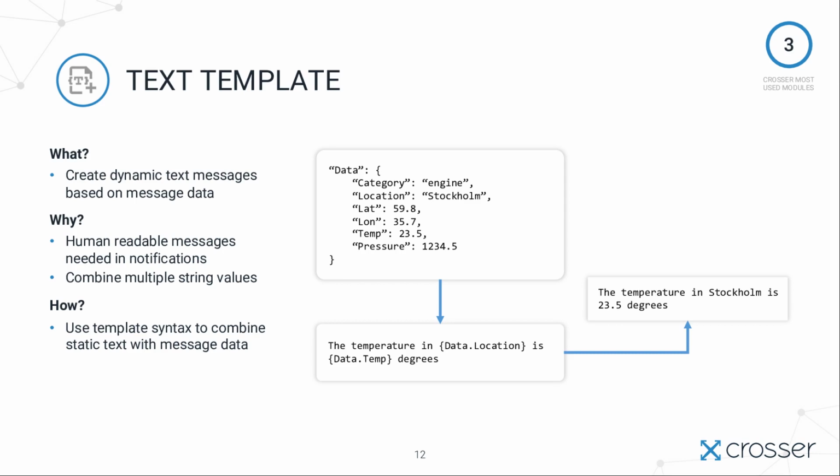The other use case is when you want to combine multiple string values, or could even be numerical values, but in most cases it's actually string values. You need to combine multiple string values into a single value.